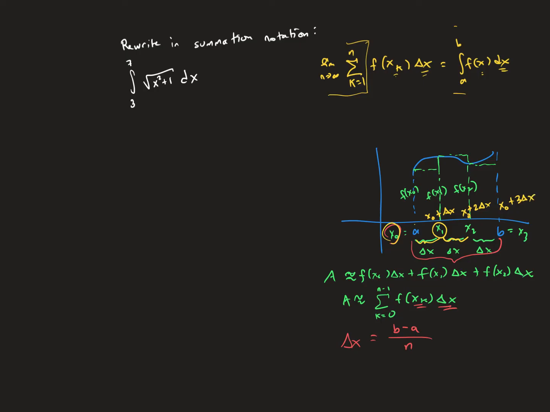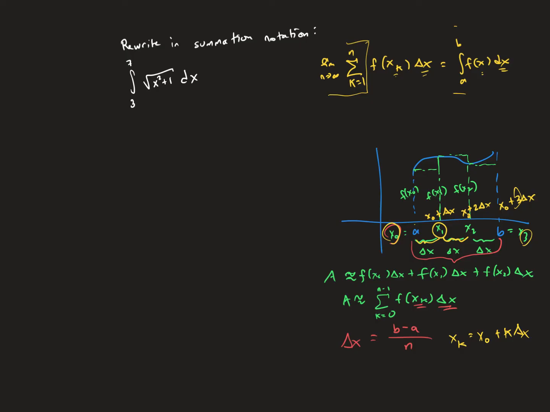So you notice whatever subscript on the x value I'm on, that is a multiplier on the delta x. So this is going to lead us to this conclusion, that x sub k is equal to my starting value x naught plus k times delta x.